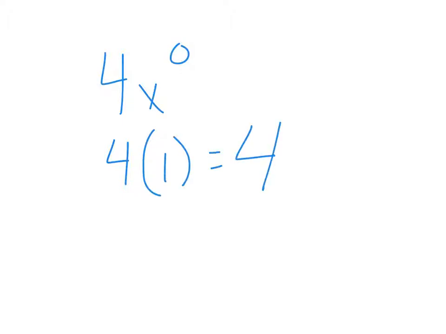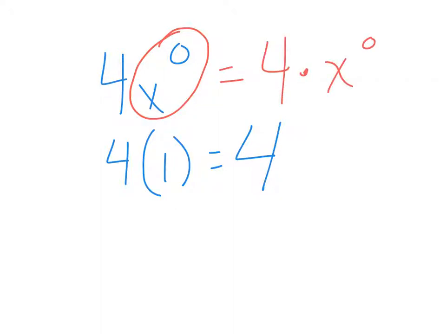Anything to the power of 0 is always 1, but it's only this part that is raised to the power of 0, so that's the only part that's represented by 1. You could look at that as 4 times x to the 0 power, and therefore that's why only that part is represented by 1, if you want to look at it a different way.